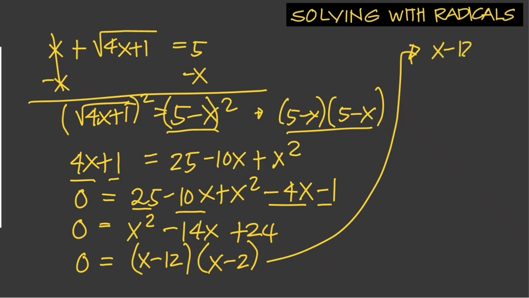So x minus 12 equals 0, so x is equal to 12, or x minus 2 equals 0, x equals 2. So we need to check our answers in the original problem because the radical is even.